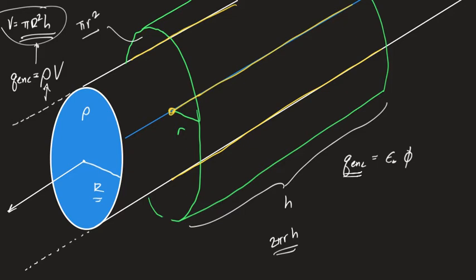Therefore, the amount of the charged cylinder inside my Gaussian surface has to be pi r squared h. Times rho gives us a charge, so this is going to be rho pi capital R squared h. And that must also equal epsilon times the flux. Whew.